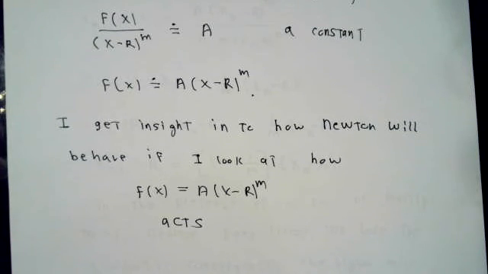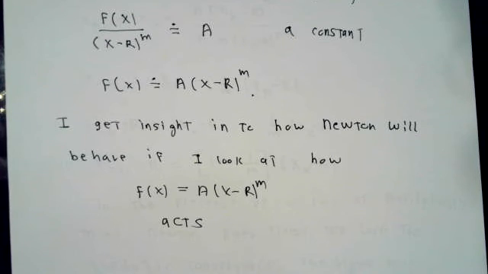I can get insight into how Newton is going to act in the presence of a root of multiplicity bigger than 1 by analyzing the function that f looks like. I can pretend that f of x is a times x minus r to the m.